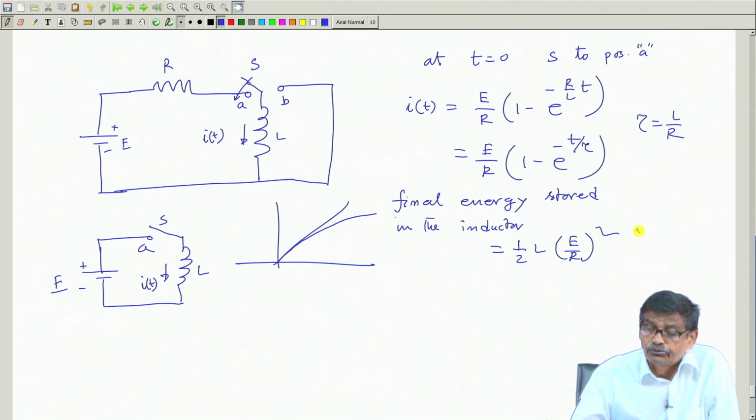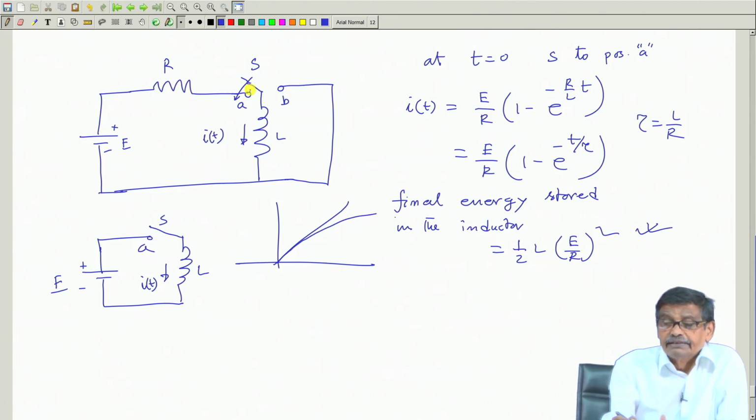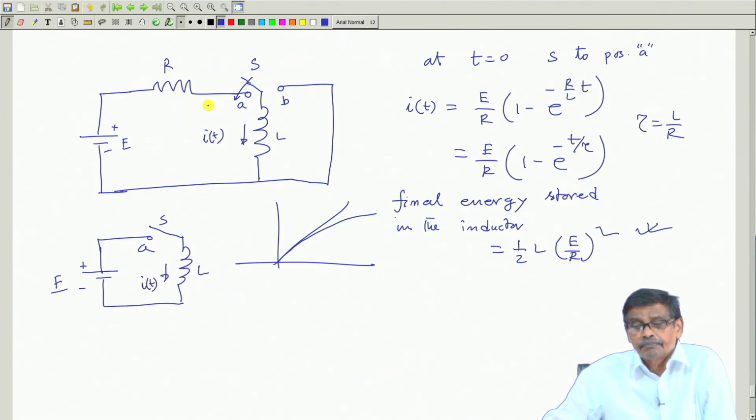Anyway, this will be the stored energy in the circuit. But if you keep S in position A, because after you wait for several time constants, because we will see that in our practical circuits the typical values of the time constants will be in milliseconds.